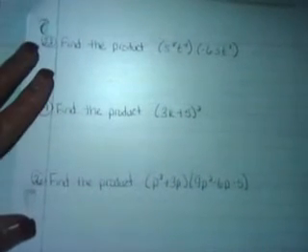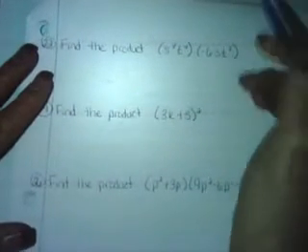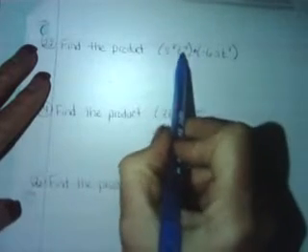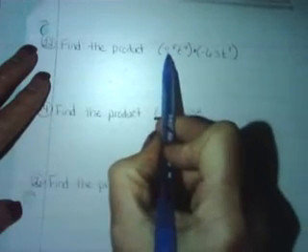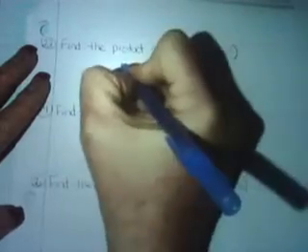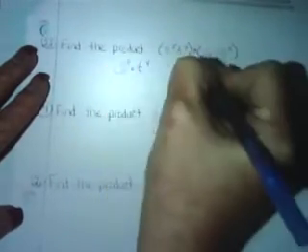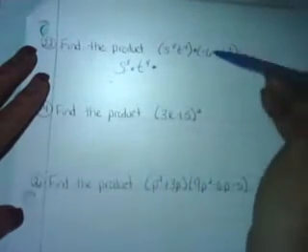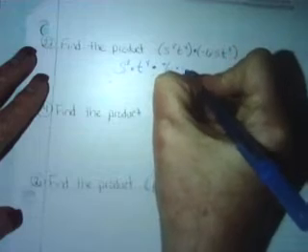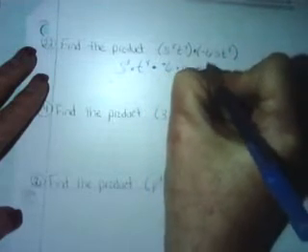It says find the product. Okay, product means we're going to multiply. If I look inside these first set of parentheses, I have s to the 8th times t to the 4th. So I'm going to break it down as s to the 8th times t to the 4th. Drop down my multiplication. Second set, I have negative 6 times s times t cubed.